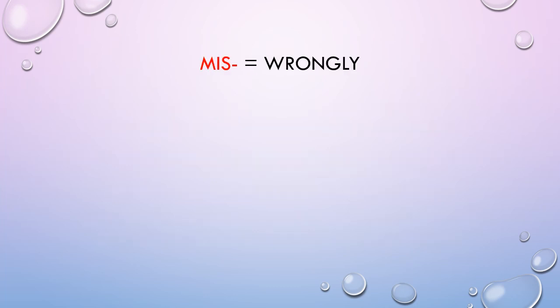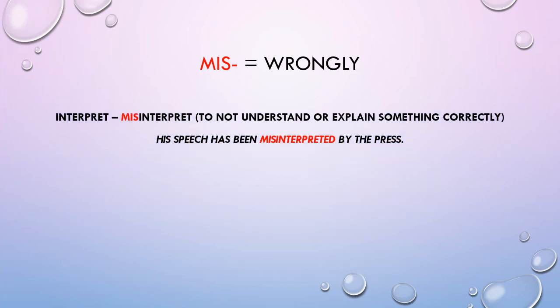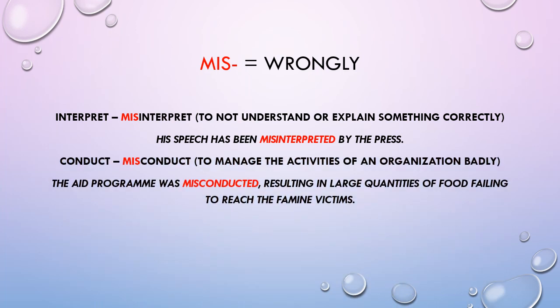The meaning of the prefix miss is wrongly. For example, interpret, misinterpret. That means to not understand or explain something correctly. For example, his speech has been misinterpreted by the press. Another example is conduct and misconduct. That means to manage the activities of an organization badly.